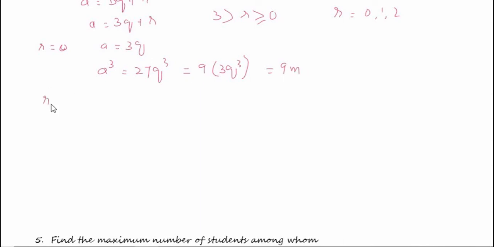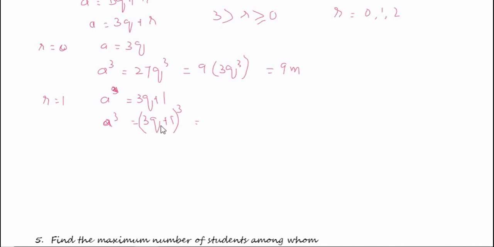Now when r equal to 1, then a equal to 3q plus 1. Taking the cube on both sides, a cube equal to 3q plus 1 whole cube. Now you know a plus b whole cube is a cube plus 3a square b plus 3ab square plus b cube.